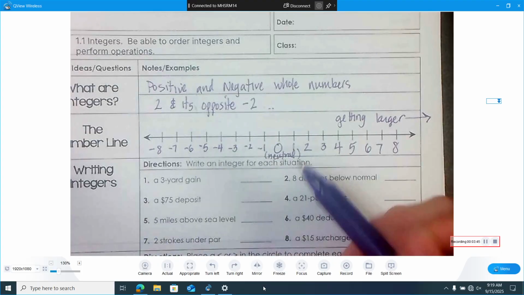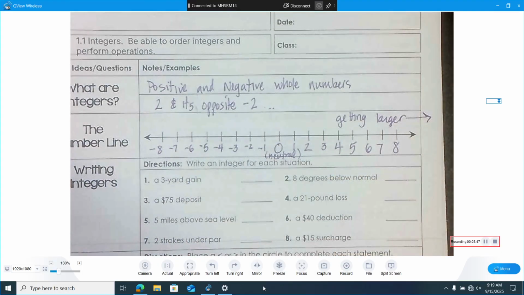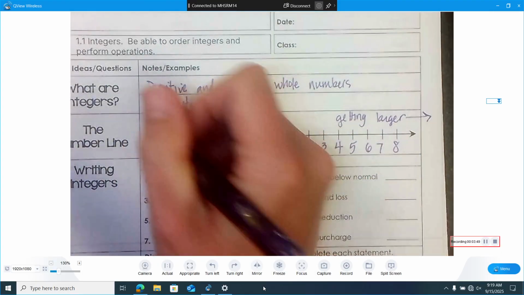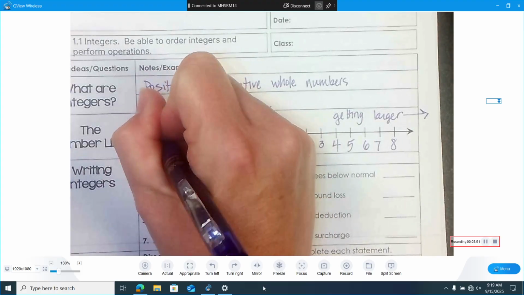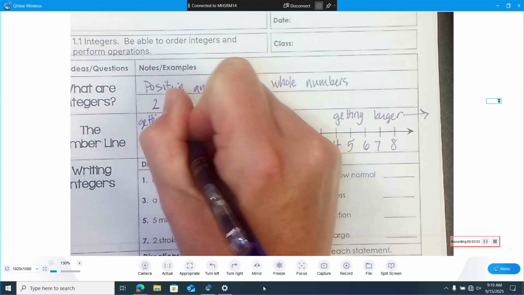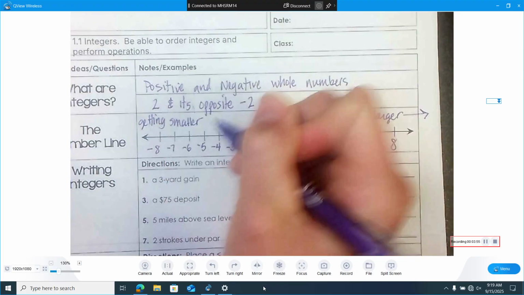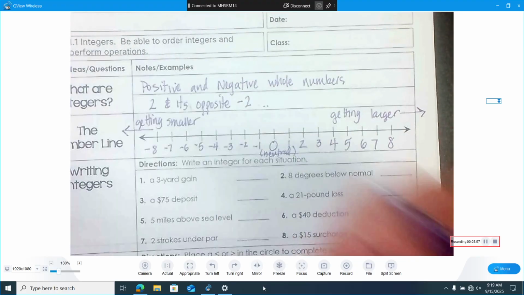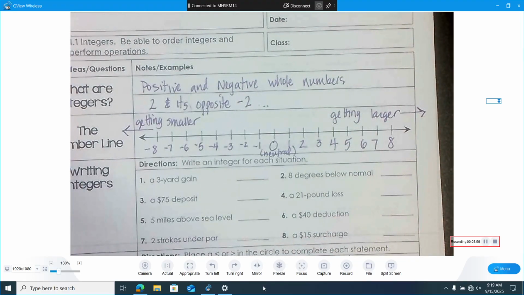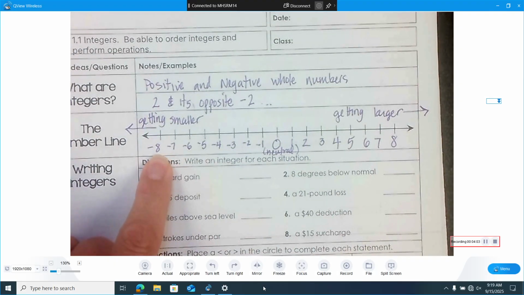And if we move to the left, what's happening there? Yeah, these things are getting smaller. And that's important to understand. These things are getting smaller as we move to the left on the number line. So which is smaller, negative 8 or negative 6? Negative 8.